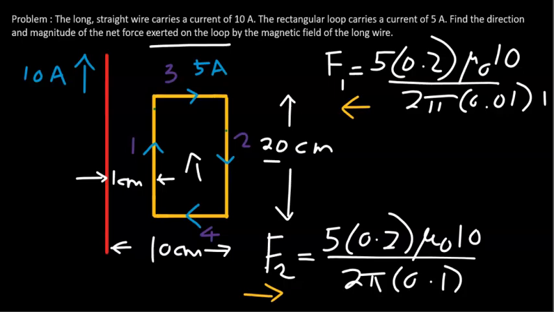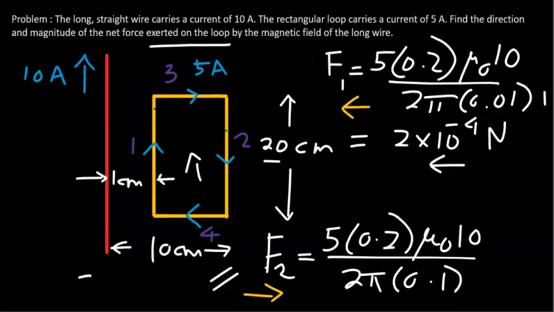So now the net force can be obtained by adding F1 and F2. The magnitude of F1 will turn out to be 2 times 10 to the power minus 4 newtons. The direction is leftward. And the magnitude of F2 is 2 times 10 to the power minus 5 newtons, and the direction is rightward.